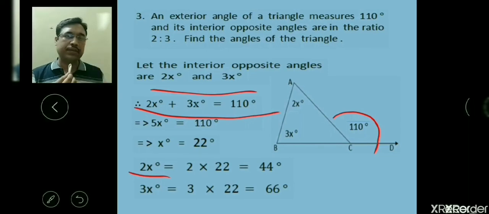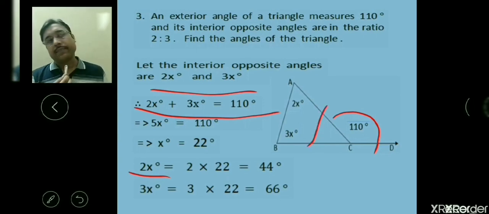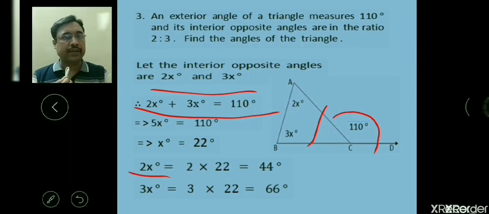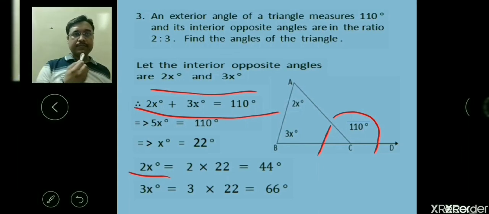Now, just like the previous question, the third angle C you can find by the angle sum property of a triangle. Two angles are 44 and 66, whose total sum is 110, so the third angle, angle C, will be 70 degrees. This way you can find it, and here you can also use the linear pair. This is 110, then this will be 70 only, because these two angles make a linear pair.